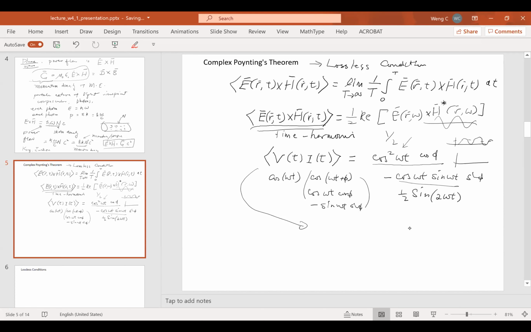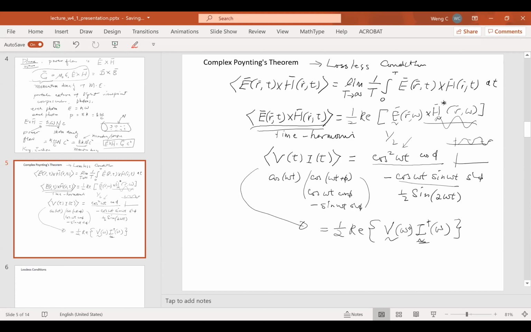And so what should this be equal to? By the same token, it is half the real part of E cross H conjugate. Well, these are phasors. These are the phasors or phasor representation of the time harmonic field.